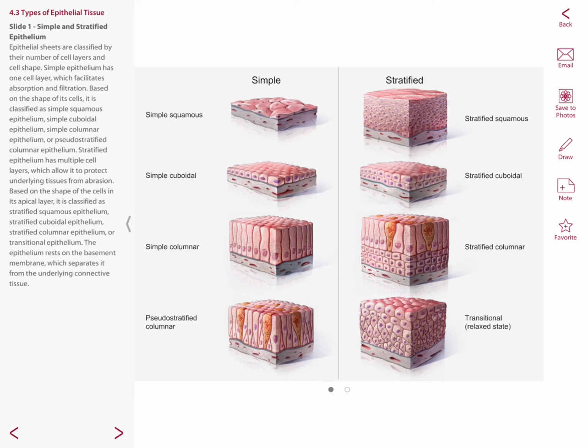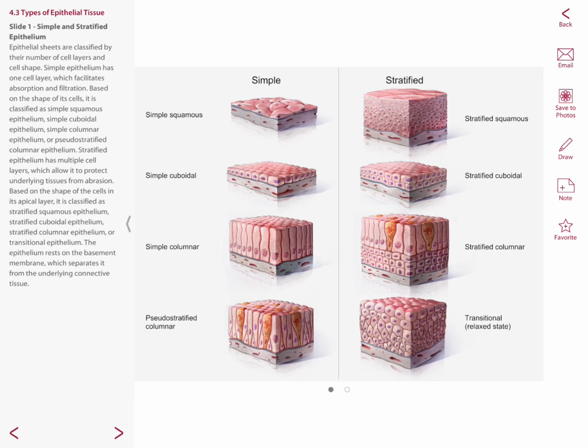So in this picture, you can see the different types of epithelial tissue, and you see how they are classified. For example, in this case, we can classify them as simple or stratified, and we can classify them based on the cell shape. But before we get there, I just want to tell you a couple of additional things.